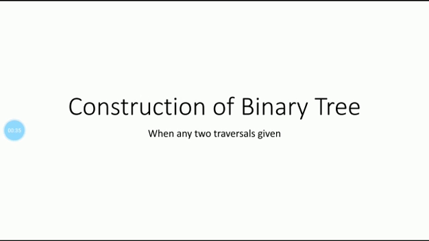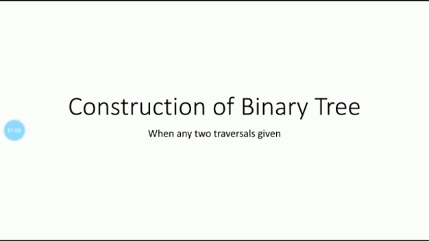operations. The main goal of that particular session is, given a binary tree, to find either the in-order, pre-order, or post-order sequence. That is the first part. The second part is that we have to construct a binary tree when any two sequences are given as a problem.